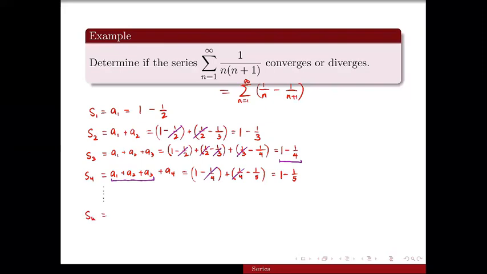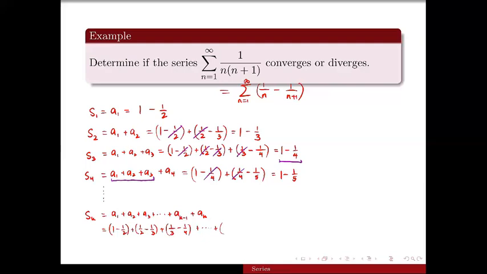your S sub k will be something like, well, by definition A1 plus A2 plus A3, you continue, plus A k minus 1 plus A k. So if you enumerate all the terms, you'll have 1 minus 1 half plus 1 half minus 1/3 plus 1/3 minus 1/4 plus and so on.